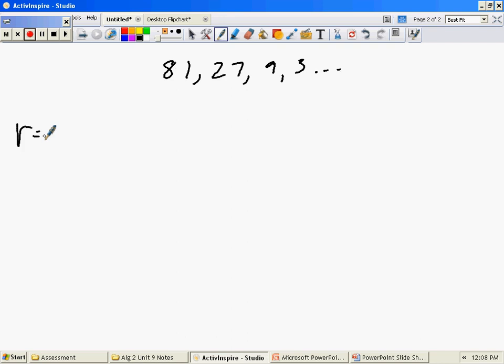What else could we use? I would use the last two terms because those are smaller numbers. I think that'd be a lot easier. So let's do T4 over T3. But you can still do the first two terms. It would still give you the same answer. 3 over 9 reduces to 1/3.